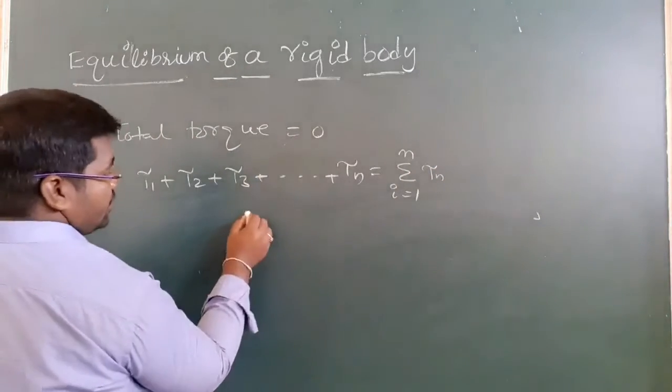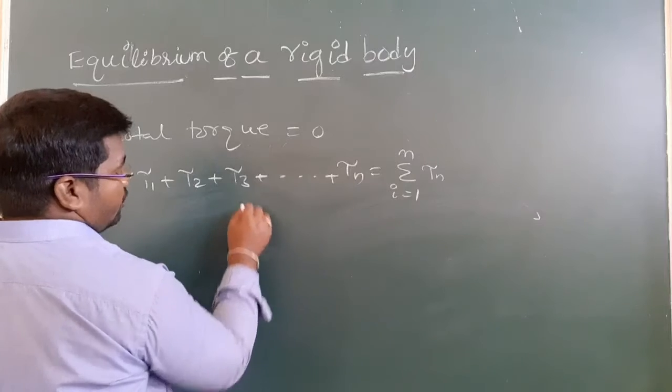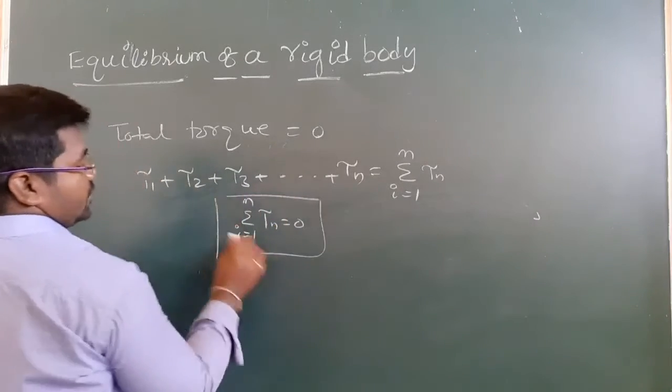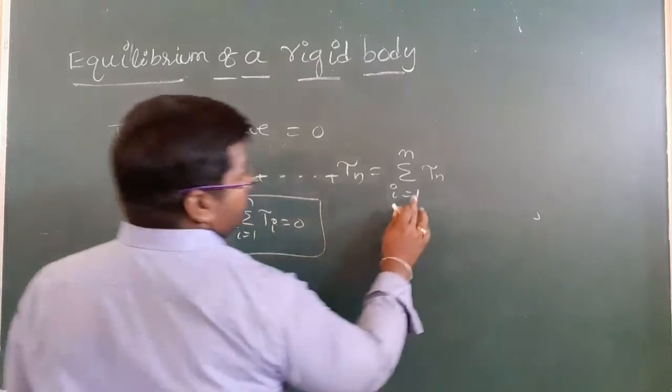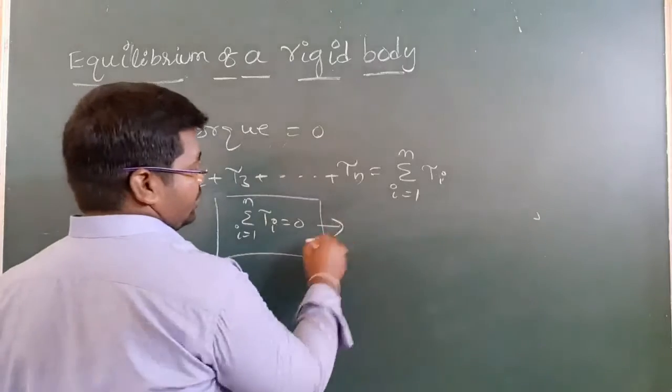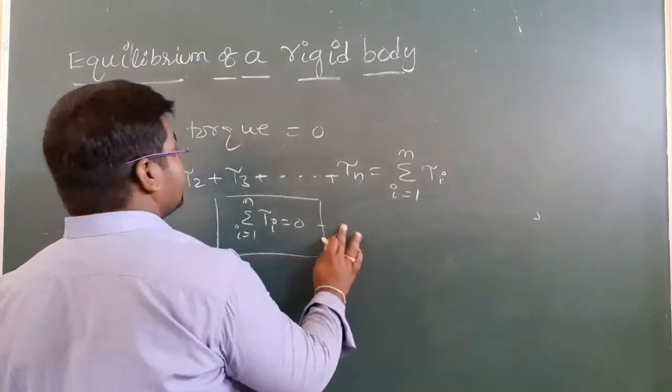According to this condition, sigma i equals 1 to n of tau i equals 0. Understand?